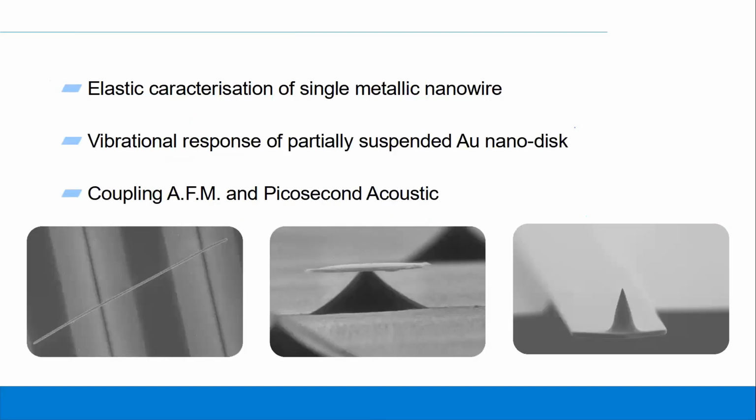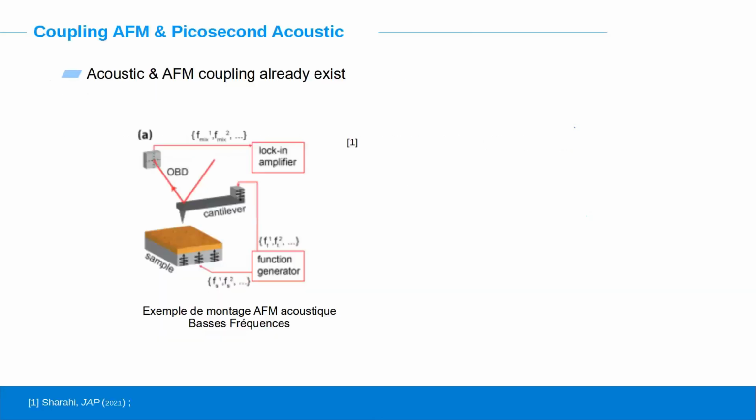So a third approach done during my PhD was to do some coupling between atomic force microscopy and picosecond acoustics. So the coupling of acoustics and atomic force microscopy already exists, but what they usually do is that you have the cantilever of the atomic force microscope in contact with the sample, and thanks to some piezoelectric crystals, they put in vibration either the sample, the cantilever, or both of them.